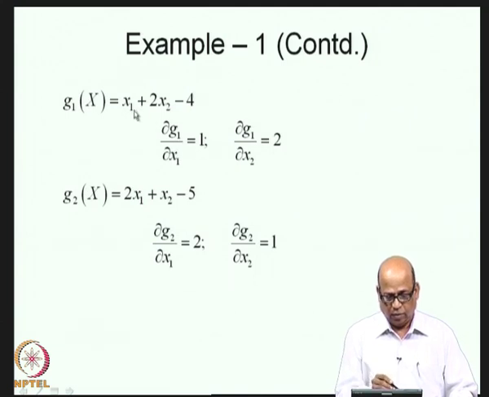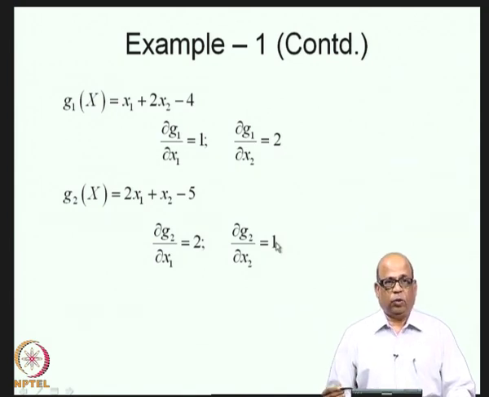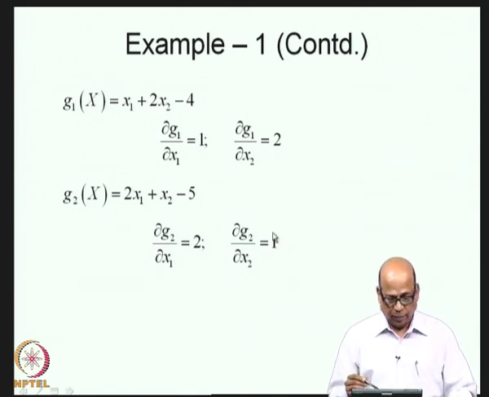I am differentiating this with respect to x_1. Similarly, dg_1/dx_2 is the differential of the first constraint with respect to the second variable, and that comes to 2. Similarly, you take the second constraint, which is 2 x_1 plus x_2 minus 5, differential of the second constraint with respect to the first variable, and with respect to the second variable.